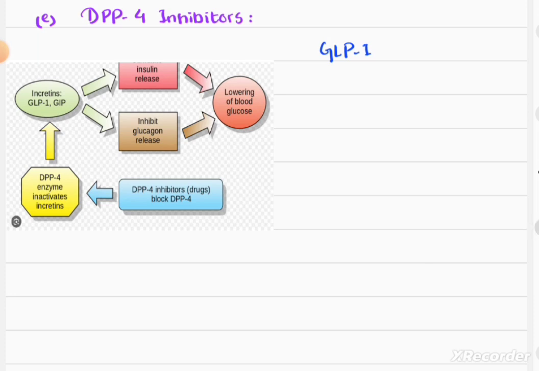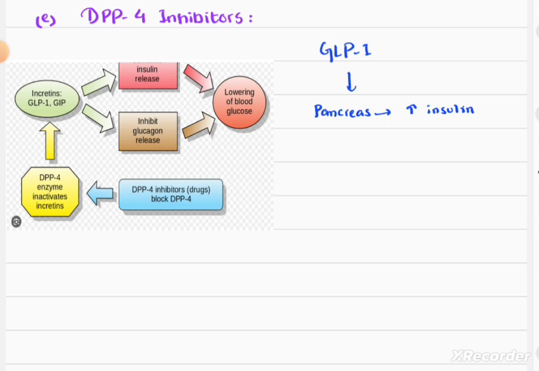This GLP-1 then acts on the pancreas and causes an increase in the release of insulin. So what these DPP-4 inhibitors do is inhibit the breakdown of GLP-1. It means that the concentration of GLP-1 will be increased in the body, and there will be an increased secretion of insulin from the body.